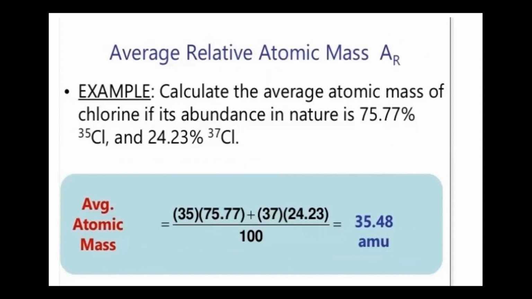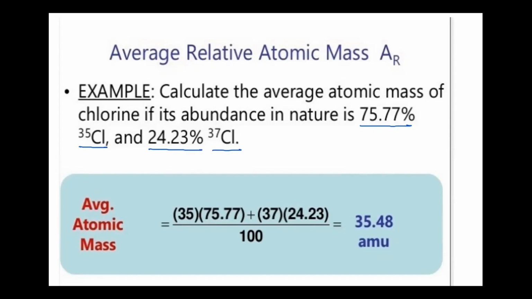They have given us chlorine and its isotopes, average masses and their abundance. In order to calculate the relative atomic mass of chlorine, the abundances of the different atoms are mentioned here. Chlorine 35, the isotope of chlorine, has an atomic mass of 35 and its abundance is 75.77%. There's another isotope of chlorine, chlorine 37, and its percentage abundance is 24.23.